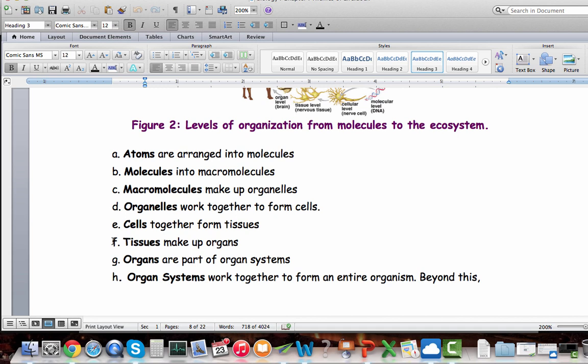Macromolecules make up organelles. Organelles work together to form cells. Cells together form tissues. Tissues make up organs. Organs are part of organ systems. Organ systems work together to form an entire organism.